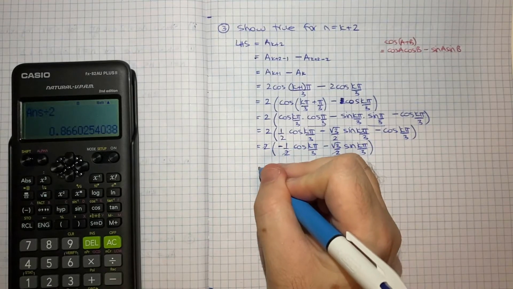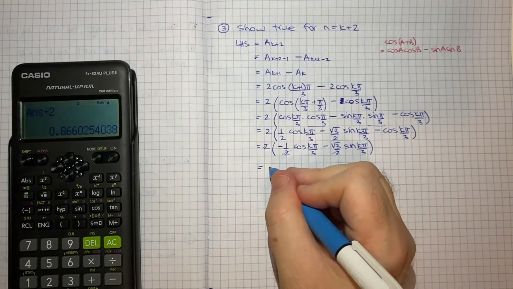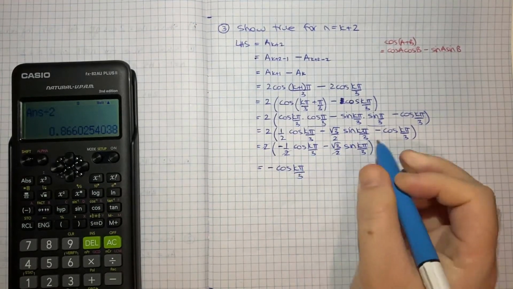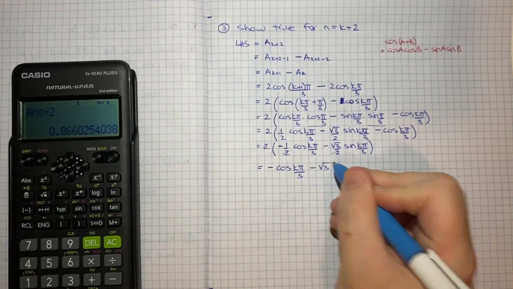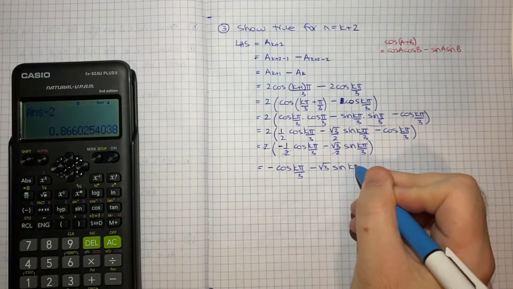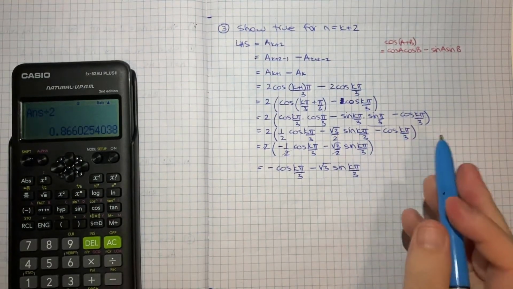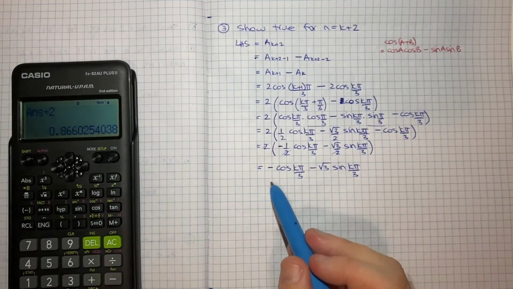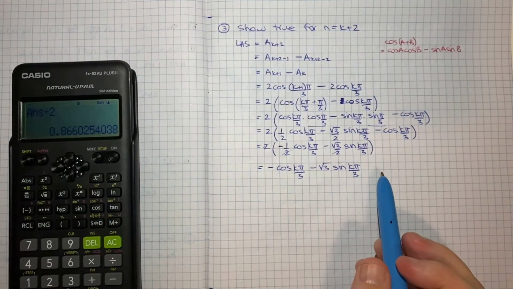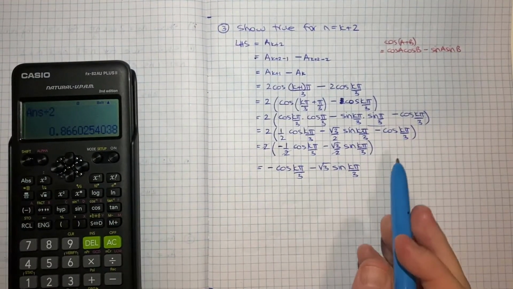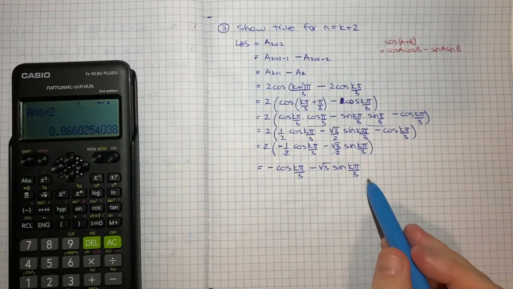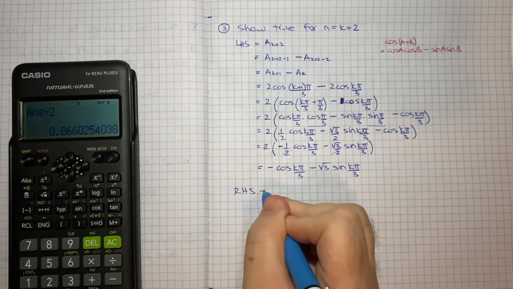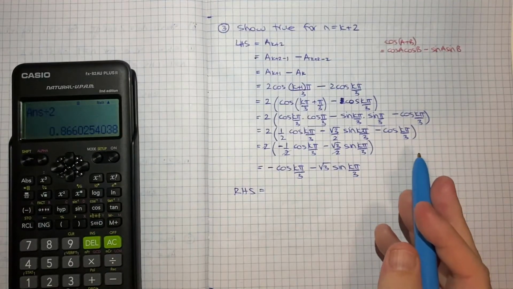So this is going to be equal to minus cos k pi on 3 minus root 3 sine k pi on 3. And I might stop there. I think that's fairly simplified. We could try and do more if we wanted to, but actually I think if we leave it there, all we have to do is say, does the right hand side simplify to the same thing?